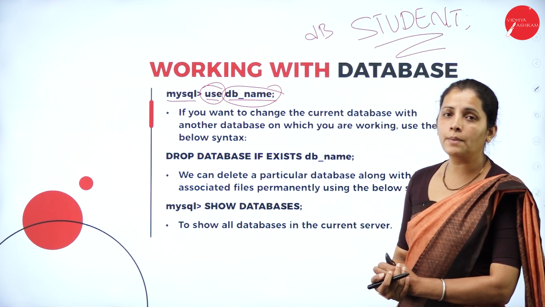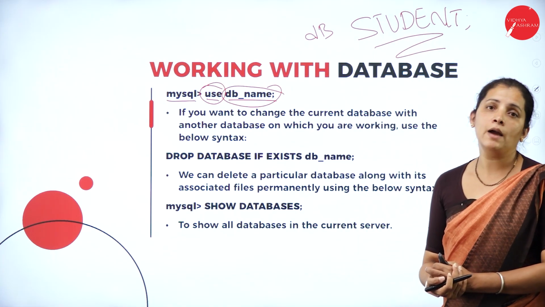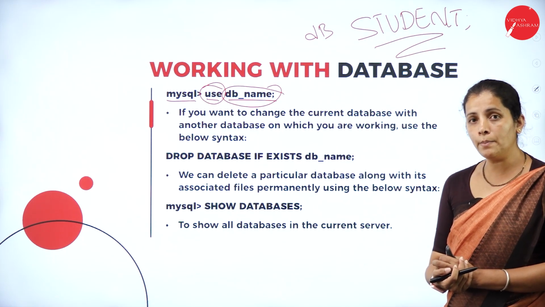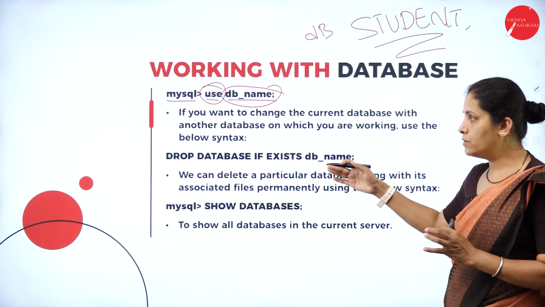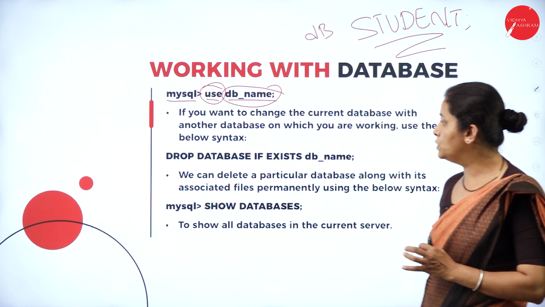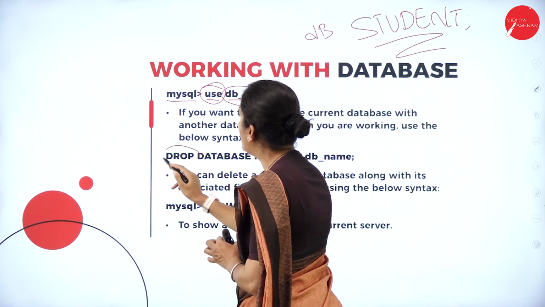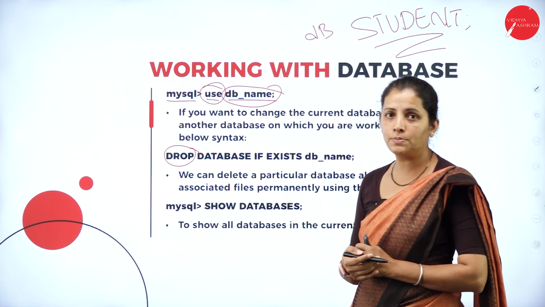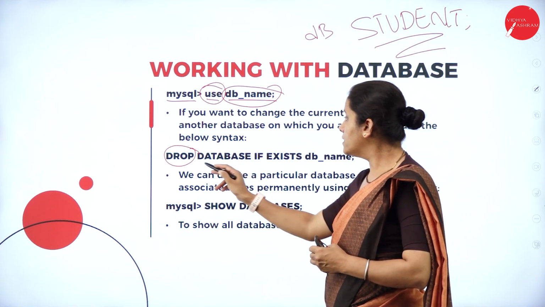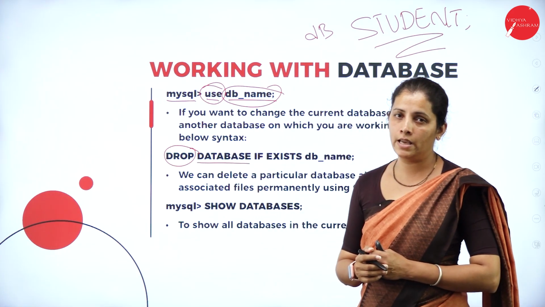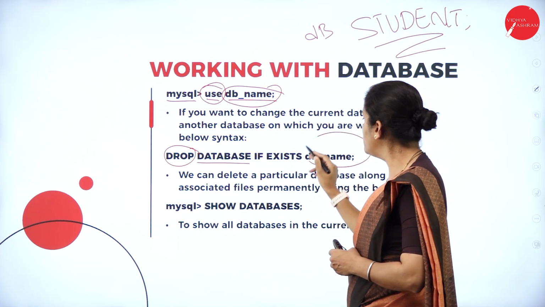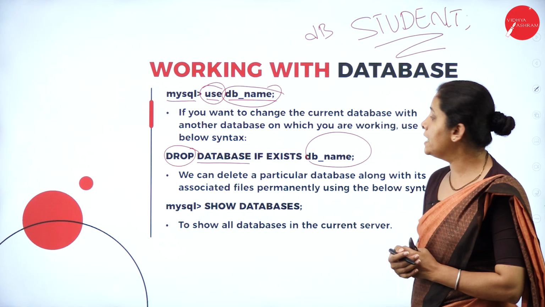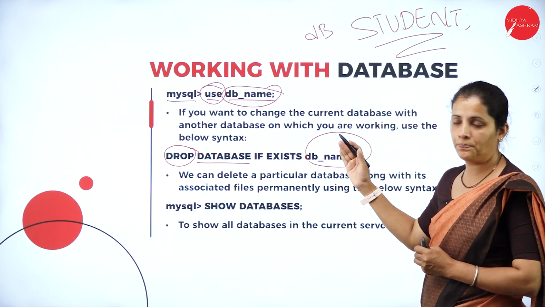Fine. Suppose at certain times I want to delete the database. For that, I'll use a command called drop. What's my command name? Drop. Then specify if exists, and then you have to write the database name.